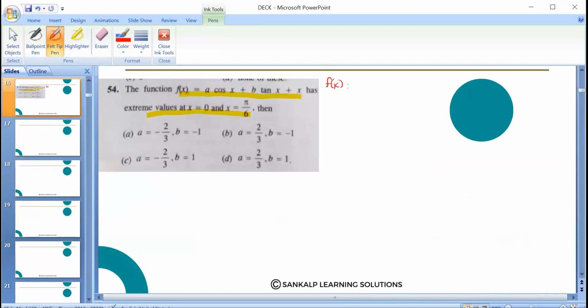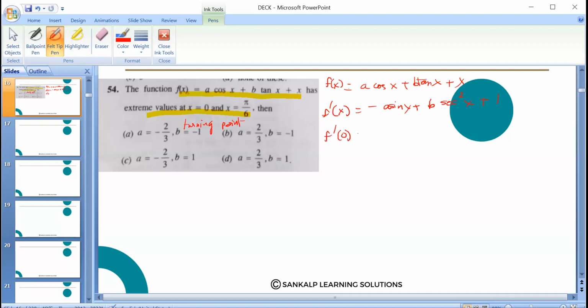So first of all, the function is a cos x plus b tan x plus x. F dash x is a cos x derivative, minus sin x, plus b tan x derivative, secant square x, and x derivative is 1. So these are the turning points. They have given you the turning points.